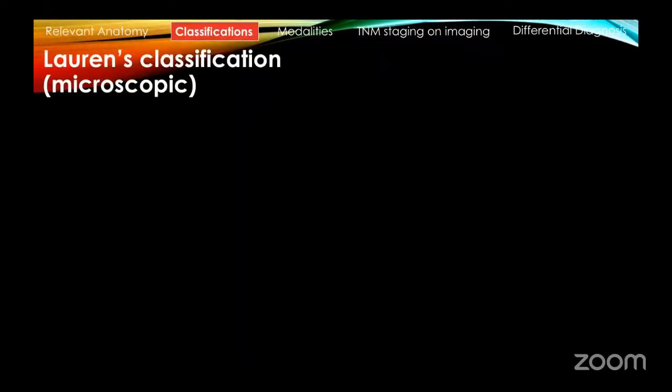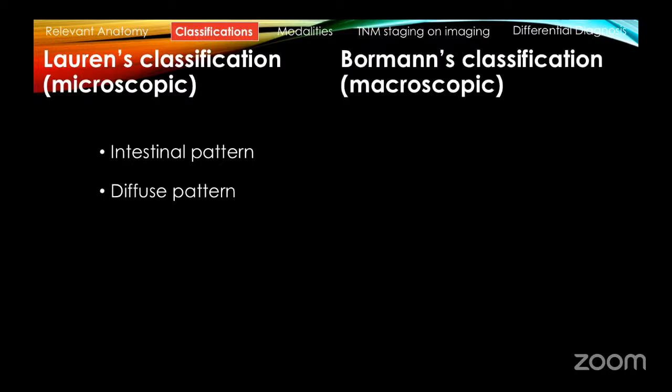So the microscopic classification would be the intestinal pattern or diffuse pattern of gastric cancer. But what we like practically to look at on the CT scan would be the Borrmann classification, which is the macroscopic appearance of the gastric cancers. So the type 1 would be the polypoid or fungating appearance.